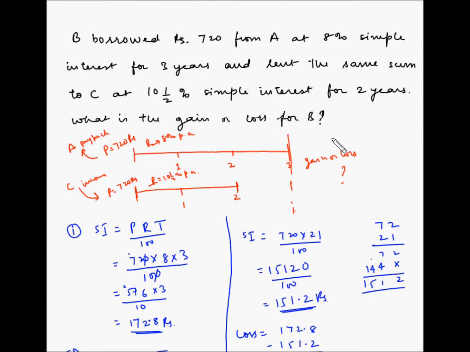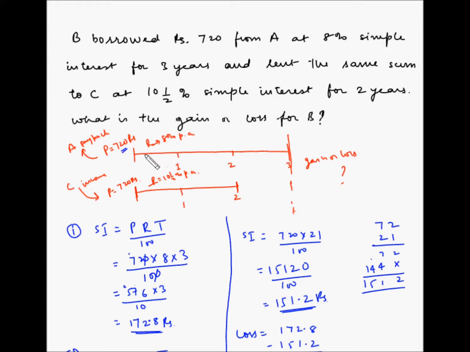Now let's look at it in a different way. So B is going to pay back 8% each year of the amount, which is 720 rupees, as interest. So what this means is, for first year he's paying back 8%, second year he's paying back 8%, third year he's going to pay back 8%. So each year he's going to pay back 8% of 720 rupees.